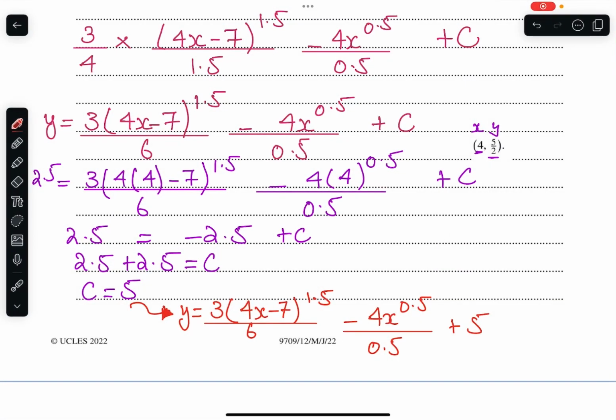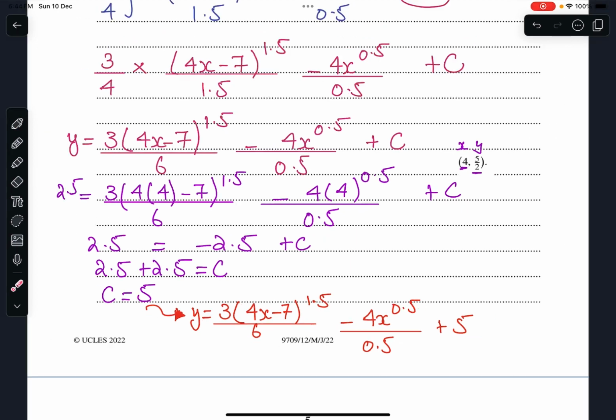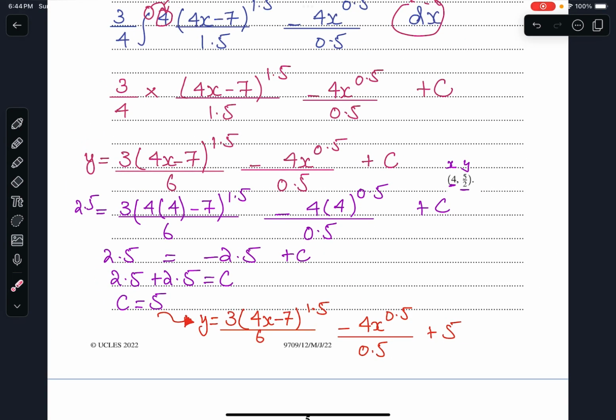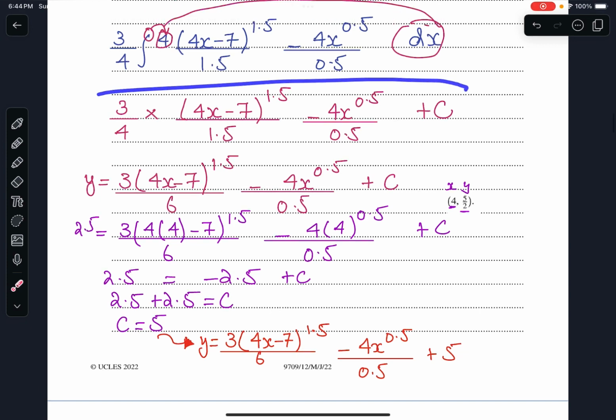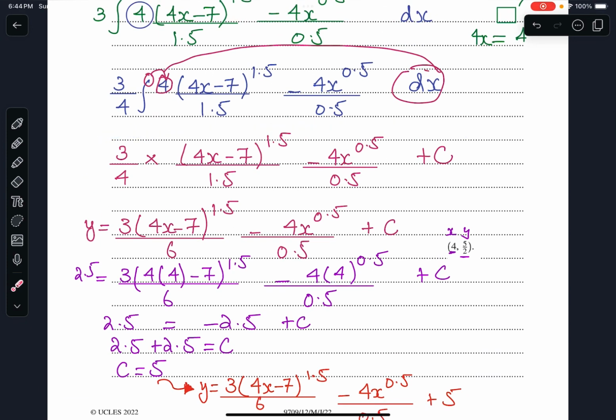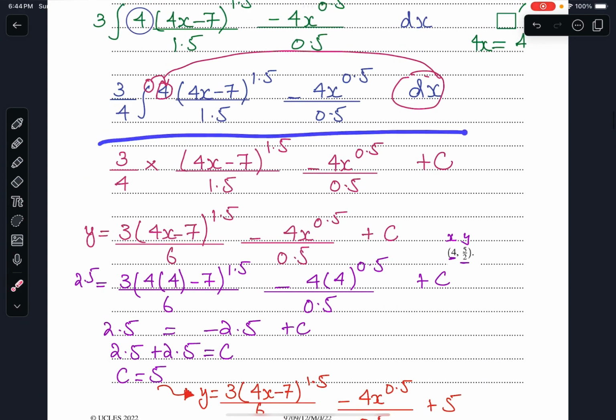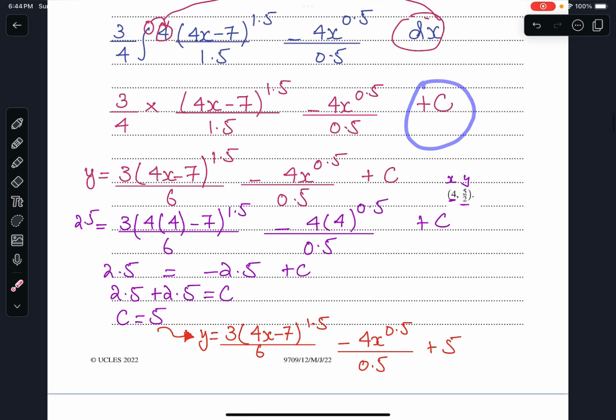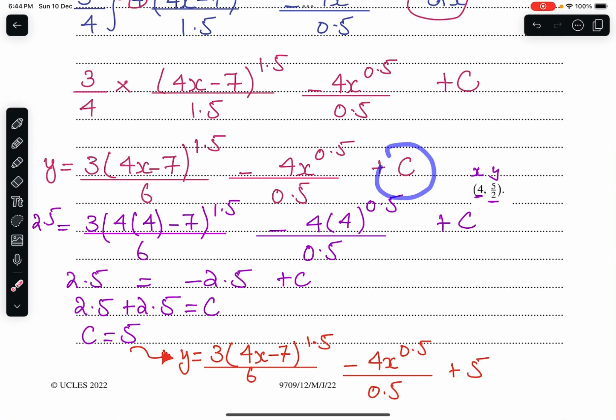As you can see, what we did in the last steps of integration was that we integrated the whole dy over dx, and what we got in the end was this thing. This is called the integrating constant, c. After that, we have to find the value of c in order to complete the equation of the curve.